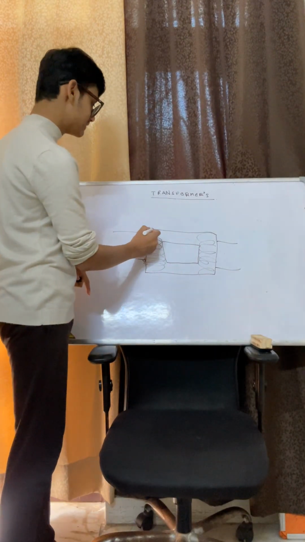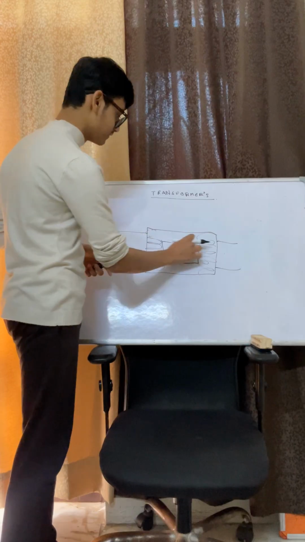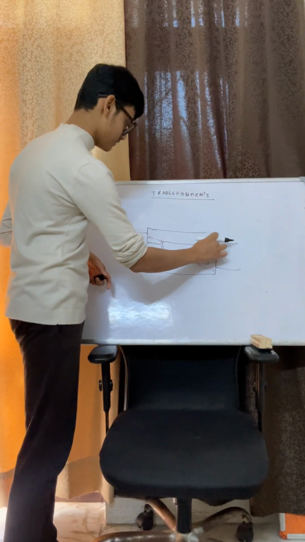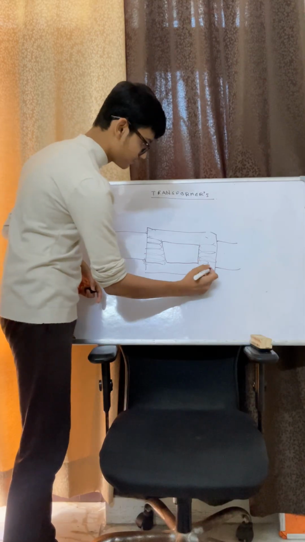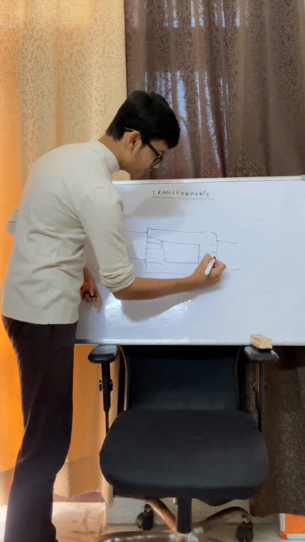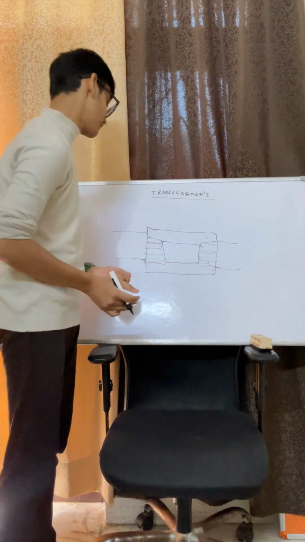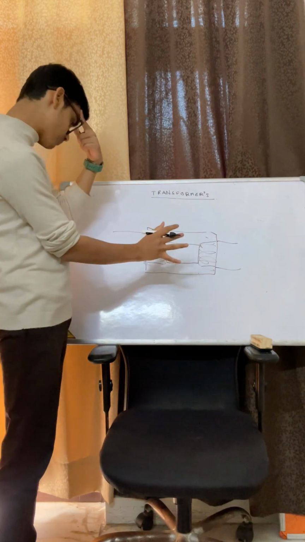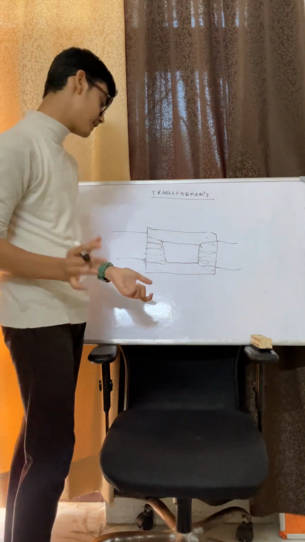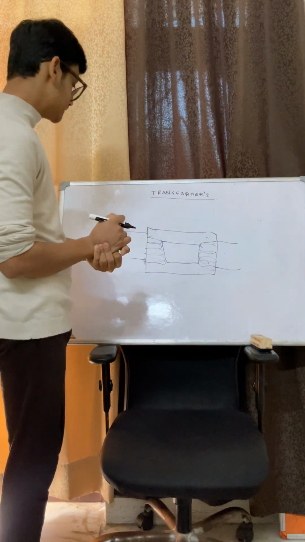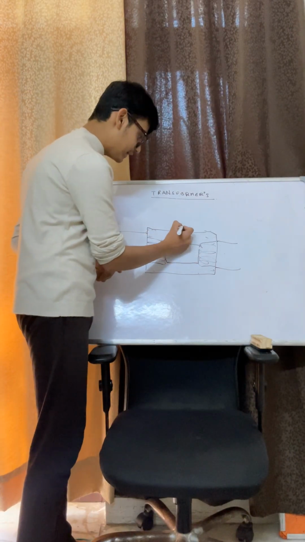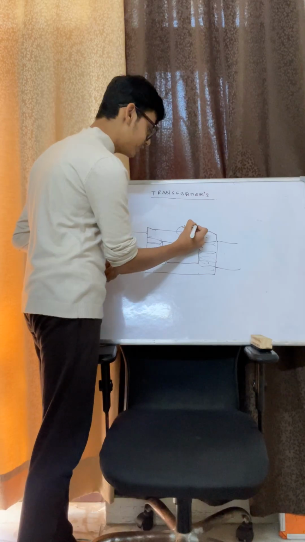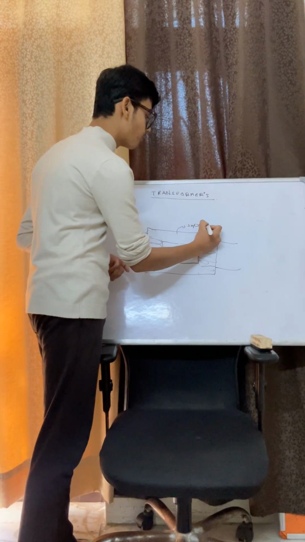So I'll tell you what this is, right? Let me just fix it a little bit, and then we can all be set. Right, so I fixed it now. So this is what a transformer in essence will look like. Now we'll start labeling it. So this is basically made up of a soft iron, and this is the core of a transformer.